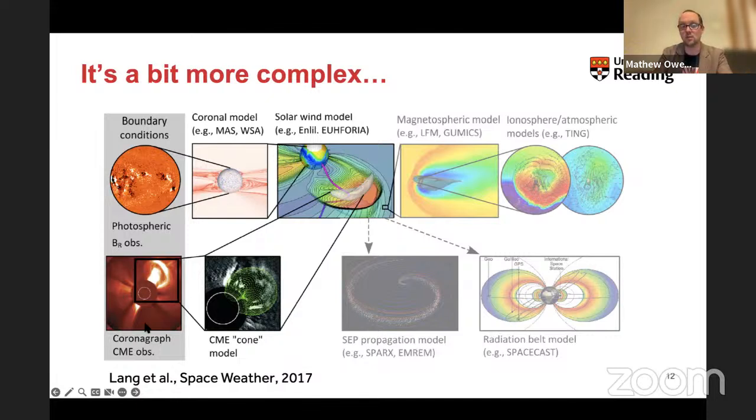And then you take your coronagraph observations, you fit them with some geometric model to get the CME direction, width and speed, and then you stick in a lump of material that has those same properties into your solar wind model, and that approximates the CME and maybe gives you an idea of when it will arrive at Earth. So it's pretty coarse stuff, I would say, but it's the best we can do with the observations we have.